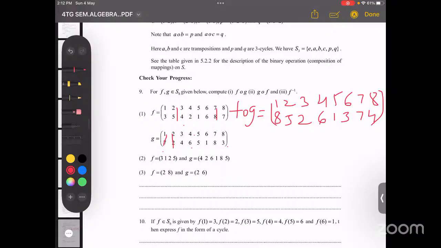If it is g circle f, then in the numerator, the first row, you write the same one, 1, 2, 3, 4, 5, 6, 7, 8. First you have to compare f and then you have to compare g for g circle f.